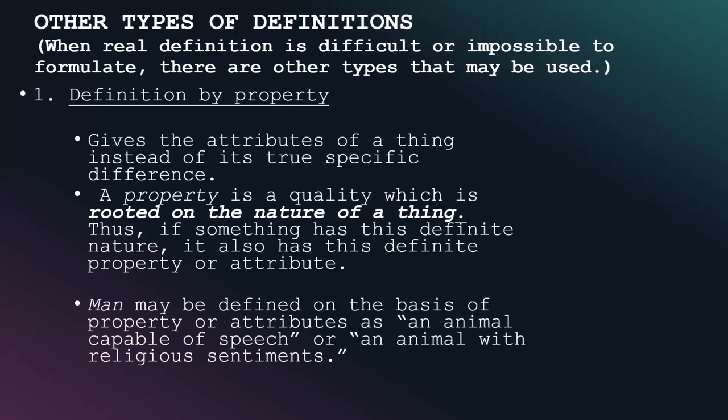Example, man may be defined on the basis of property or attributes as an animal capable of speech or an animal with religious sentiments. So again, you're trying to include here the property of the man, quality which is rooted on the nature of the thing. So you're trying to attribute the nature of the man.